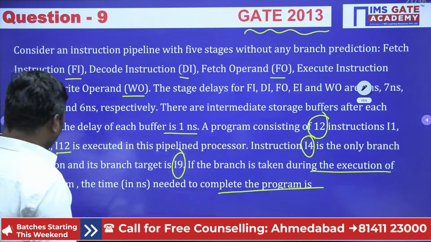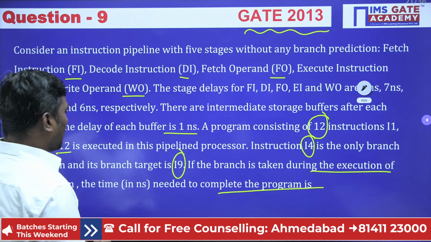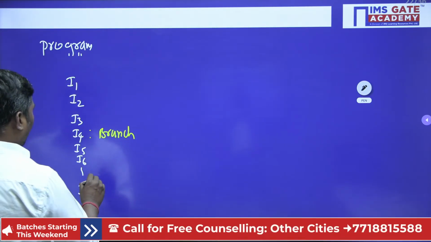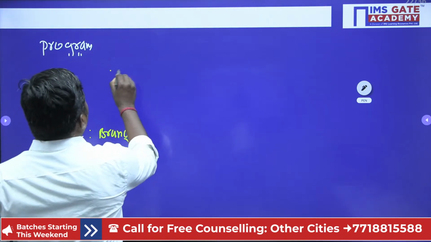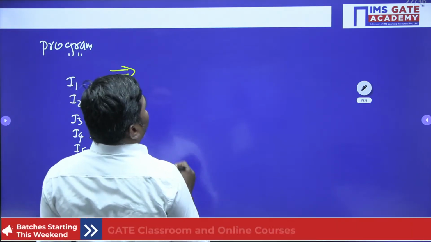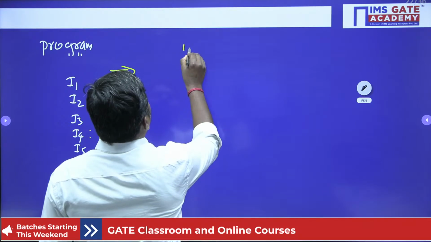Its target is what? The target instruction is I9, so somewhere here is I9. I9 is the target instruction. This program they have run in what? A 5-stage instruction pipeline.